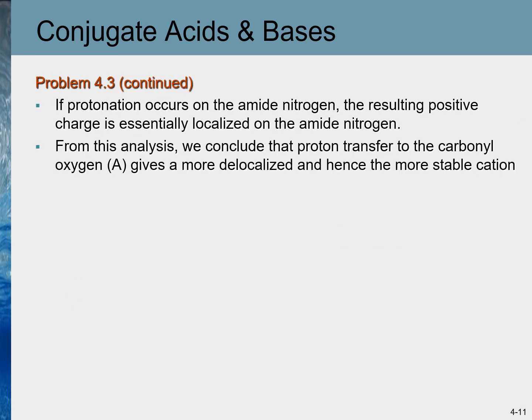Now if the protonation occurs at the nitrogen atom, then we will get the species B. So in that case, we can only write one additional resonance structure, and in that resonance structure we will see that we have a lot of destabilization issues.